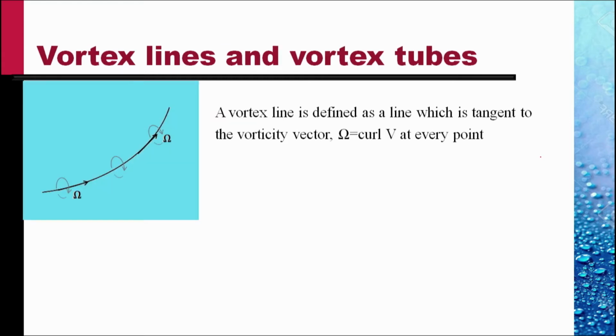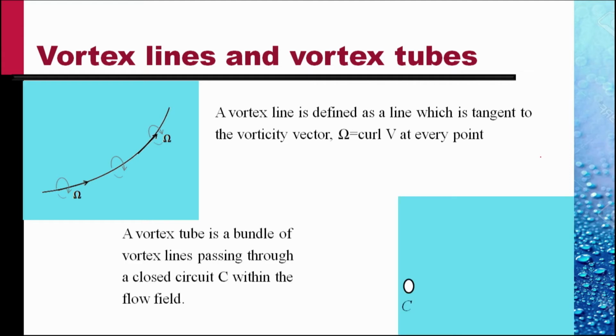A vortex line is defined just like a streamline. It is a line which is tangent to the vorticity vector. The vorticity vector is omega equal to curl V, and at every point the vorticity vector is tangent to a vortex line.